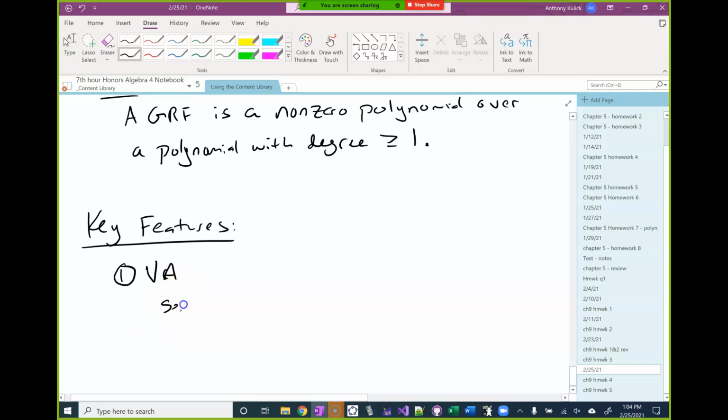To find your vertical asymptote, we need to put one more adjective in there. We need to set the reduced version of the denominator equal to 0 and solve.